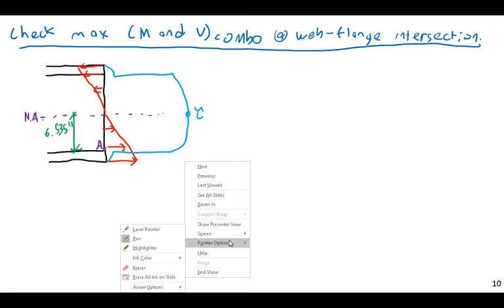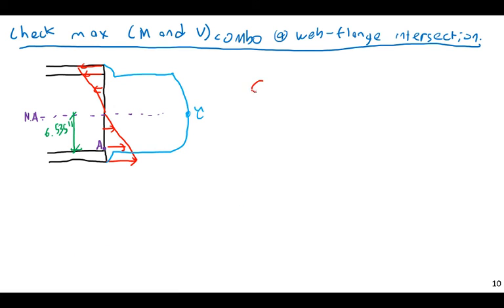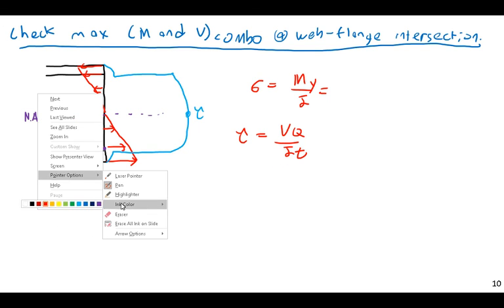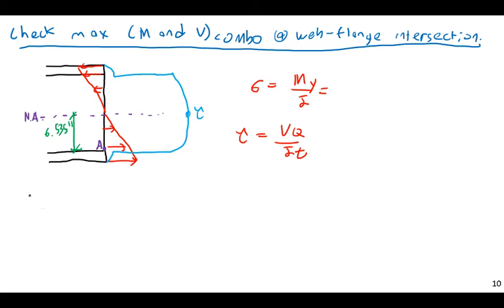So at this location along the beam, sigma is going to be equal to My over I, and tau is going to be equal to VQ over It. What is our Q going to be based on? Since we're cutting at the web flange intersection, remember it is based on the outward area, so we're only looking at the flange here.